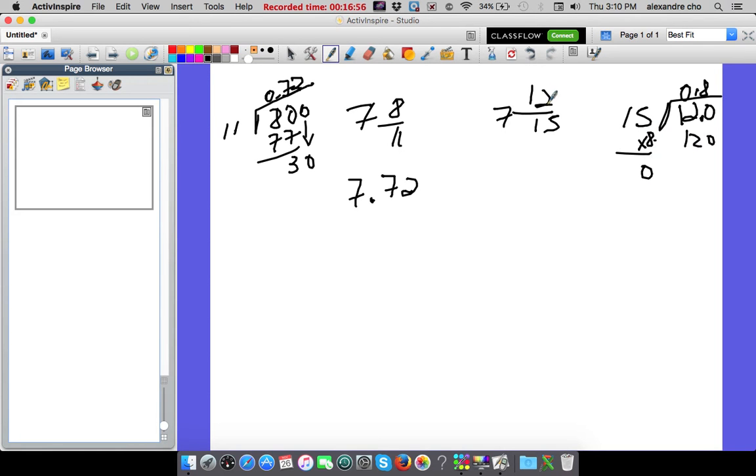Oh, 0.8. So 7 and 12 over 15 is 7.8. Now that both of them are in decimals, you can easily tell that this guy is smaller than this. And there's your sign.